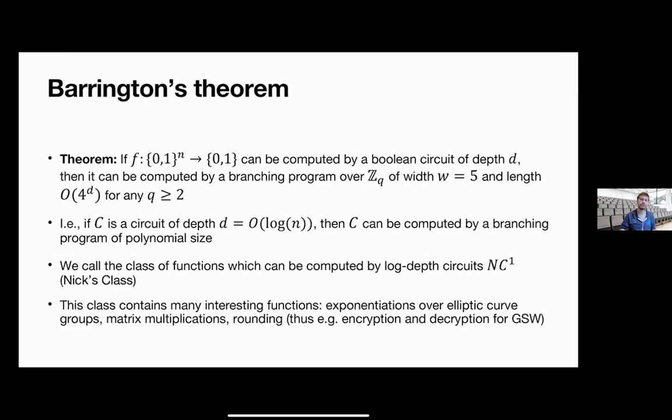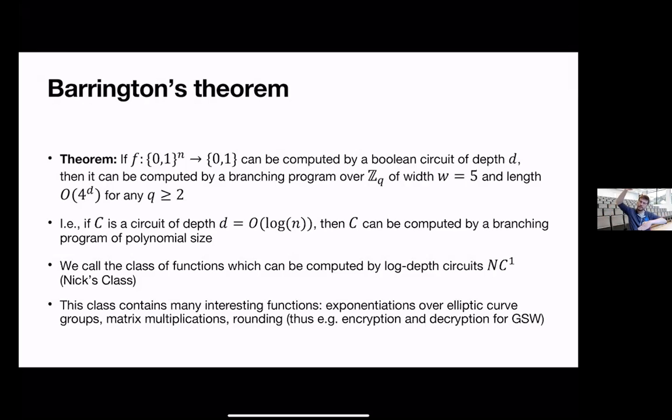there's really many interesting functions in there, such as exponentiations in elliptic curves. You would maybe first think that's a highly sequential operation, but no, you can really do that in a very shallow way. Matrix multiplications, rounding, and therefore encryption and decryption, for instance, for the GSW scheme, right? So in a way, NC1 captures all the functions which are in some sense highly parallelizable.